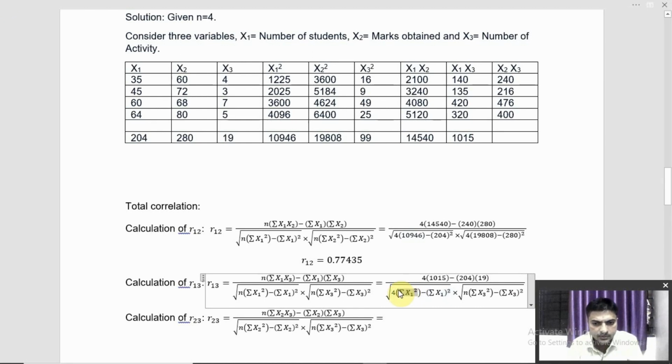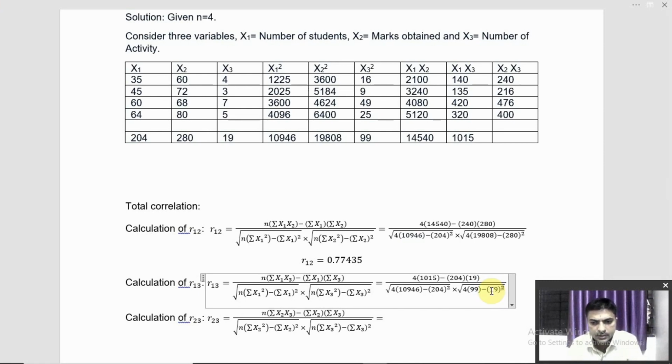Summation x1 square is 10946. Then summation x1, 204, the whole square. Again here we have n as 4. Summation x3 square is 99. On the table you can see summation x3 is 19, the whole square.